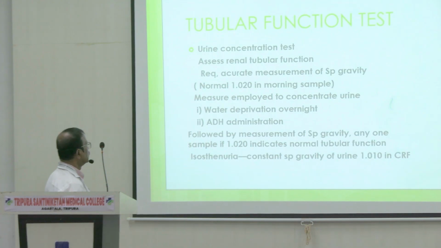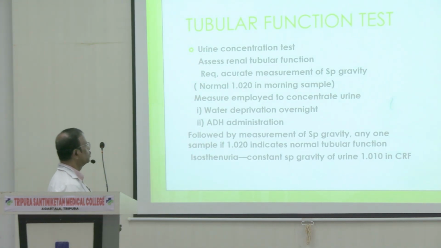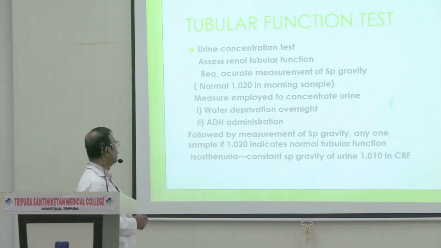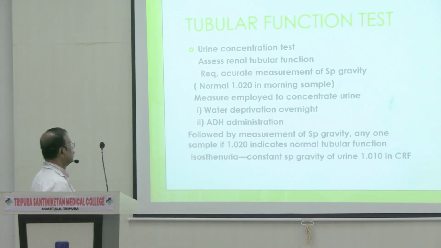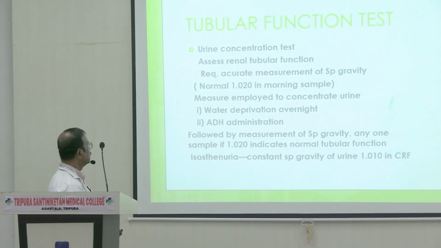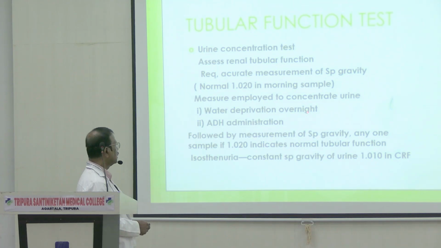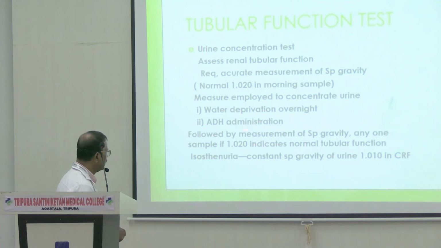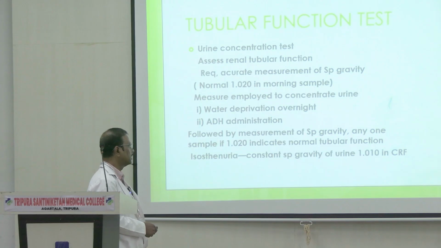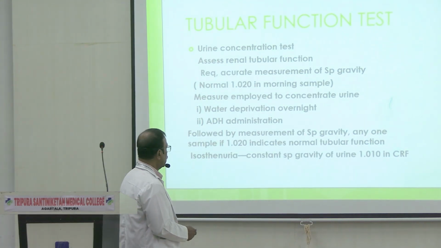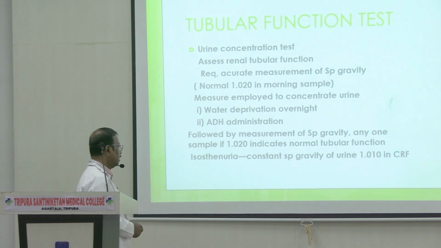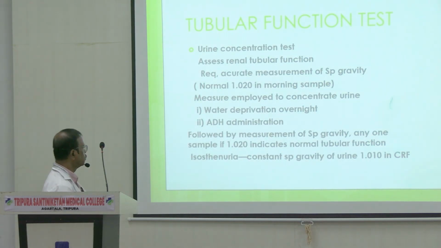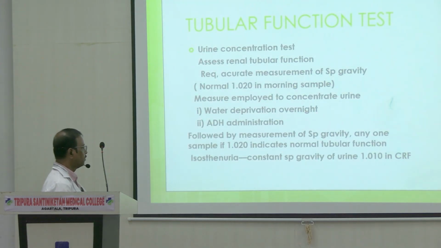Normal specific gravity is 1.020 in the morning sample. Urine is concentrated by water deprivation overnight or by ADH administration, followed by measurement of specific gravity. In any one sample, a specific gravity of 1.020 indicates normal tubular function.